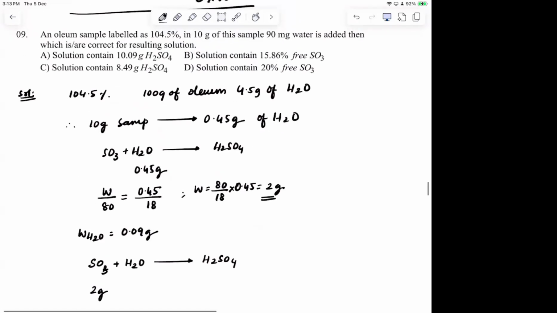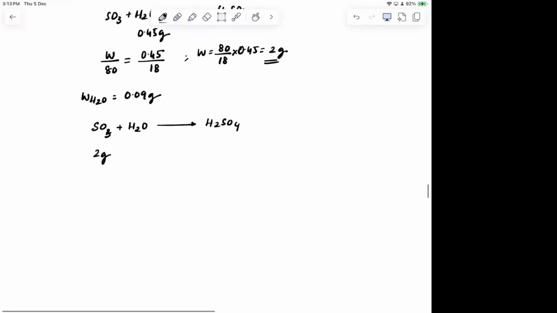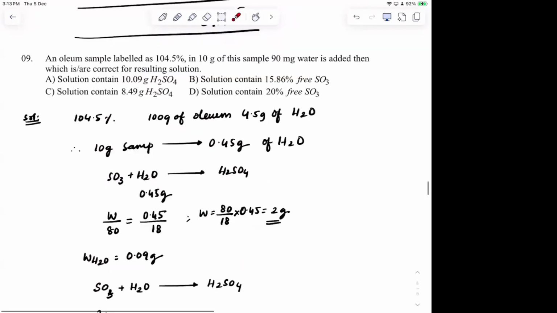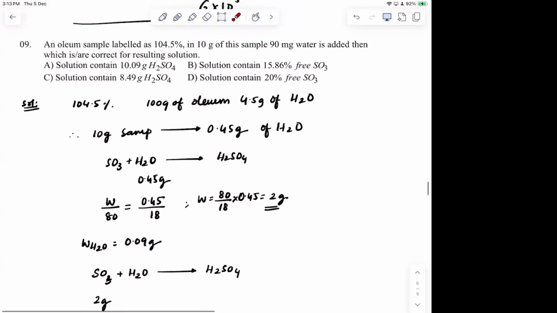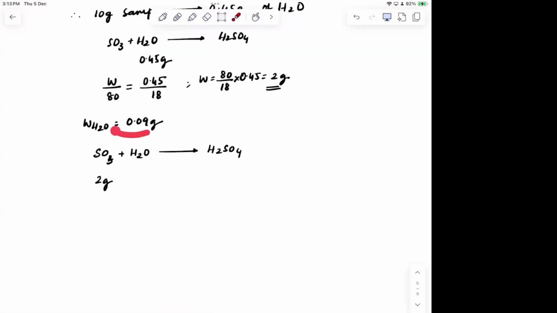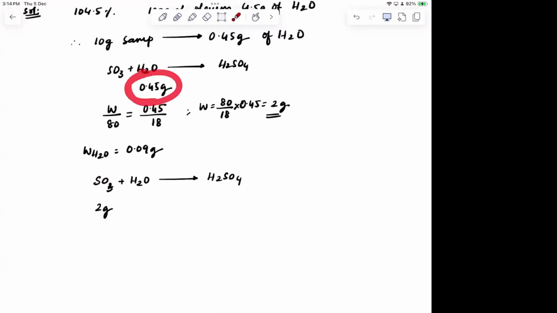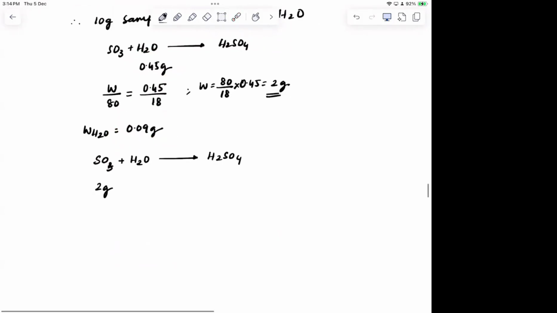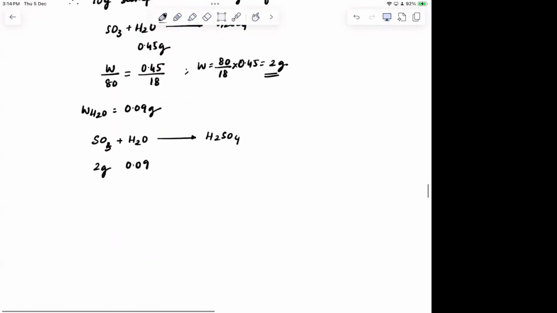For a 10 gram sample, 0.45 grams of water was supposed to be used, but we are only using 0.09 grams. So 0.09 grams was used here.